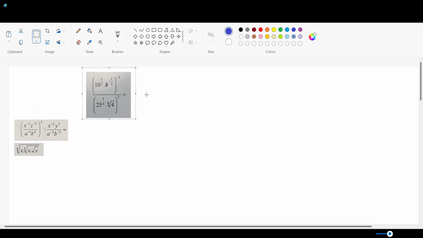Okay, this one is, in my opinion, really very easy. What I would do as the first step, I would get rid of these two powers or exponents if you want to, and this means I am going to use a to the power of r and then to the power of s, which means a to the power of r times s.